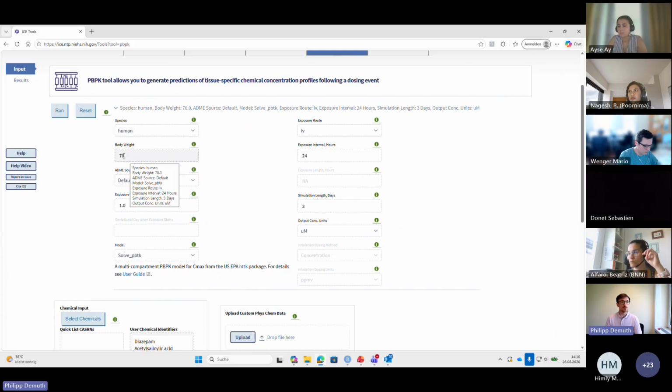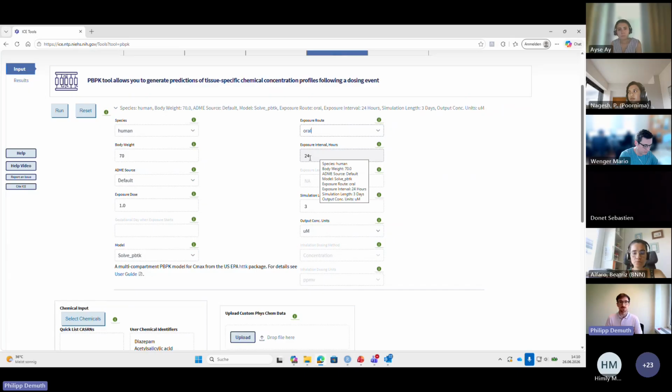We assume a body weight of 70 kilogram and an exposure dose of 1 milligram per kilogram body weight. We have an oral dose and an exposure interval of 24 hours, which we are looking at. We first simulate the time course of 1 day, and as an output, we get the concentration in micromolar.